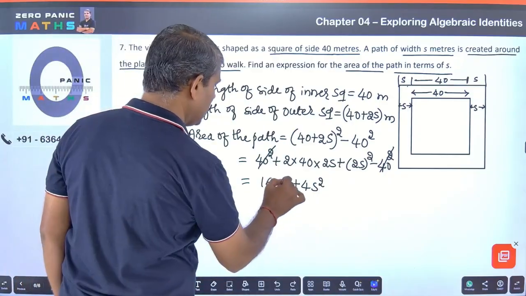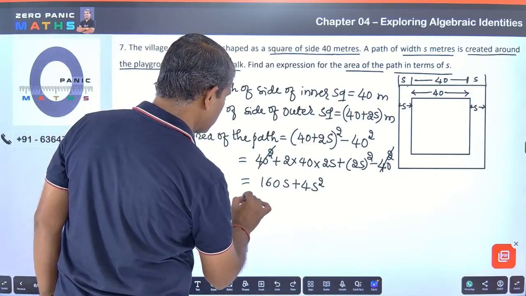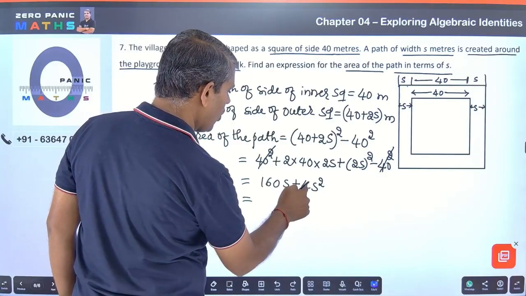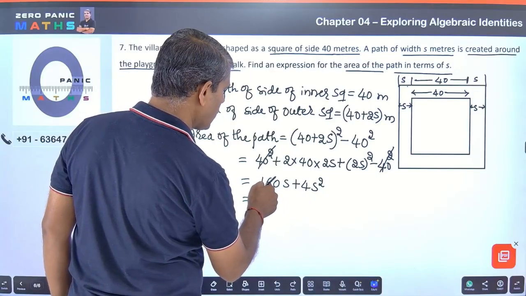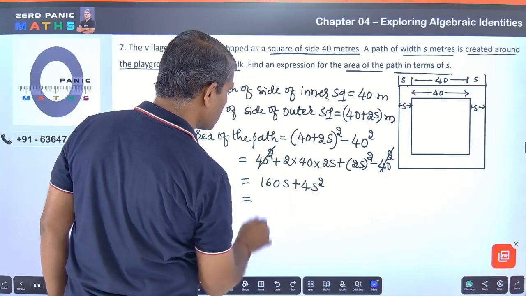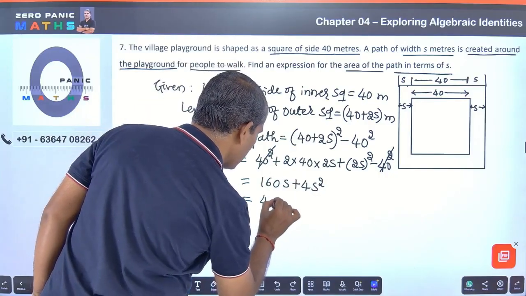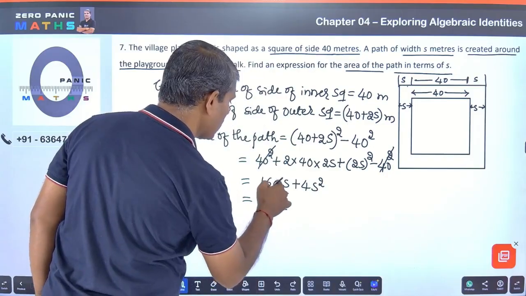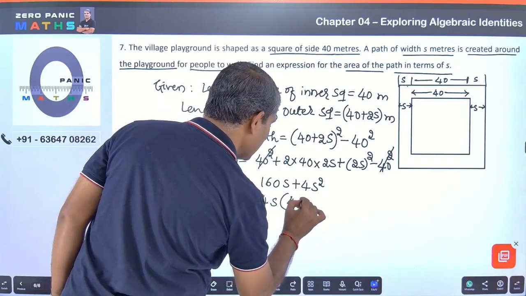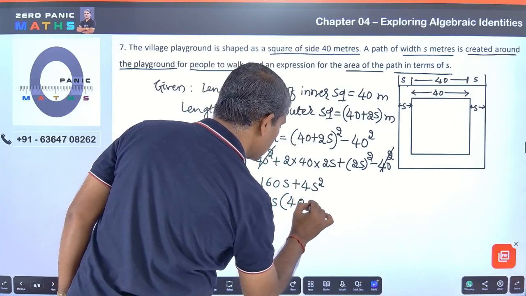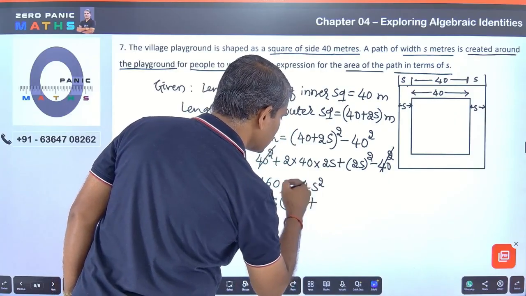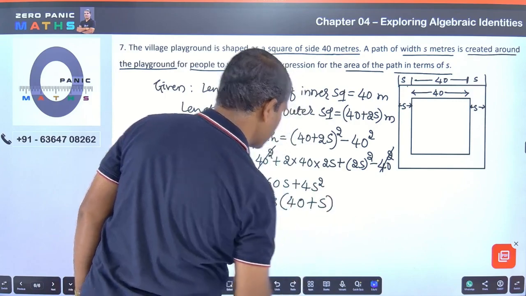Anything that I can take outside from this? 4 will come as common from 160, and s is also common. So let me take 4s as common, and what remained inside is 4 40s are 160, so 40 plus s.